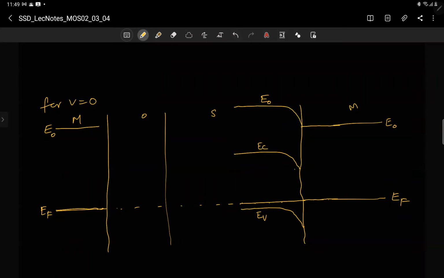Now we have seen that. Now on the left hand side also there is no potential drop in the metal. So for the metal I will draw E0 at the same level as this E0. So this EF is at the same level as this EF. Now what happens here?